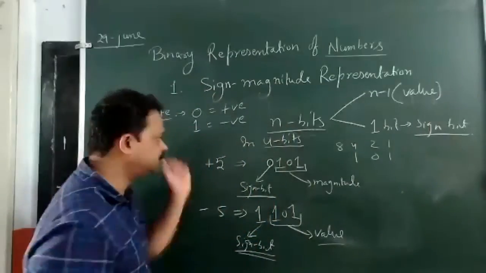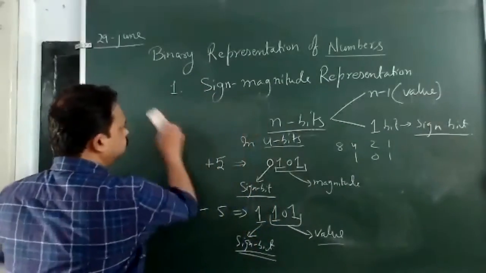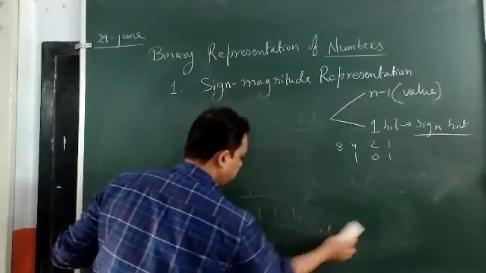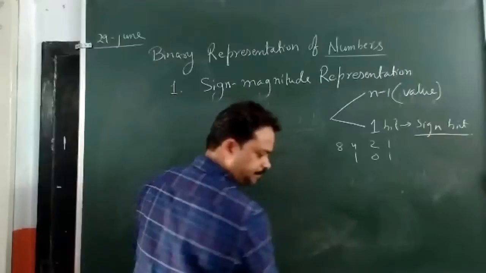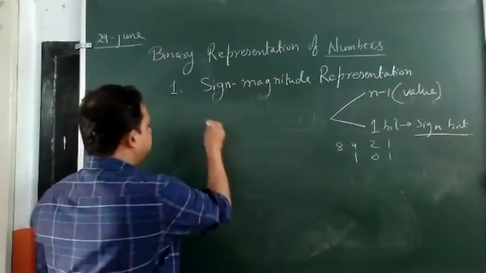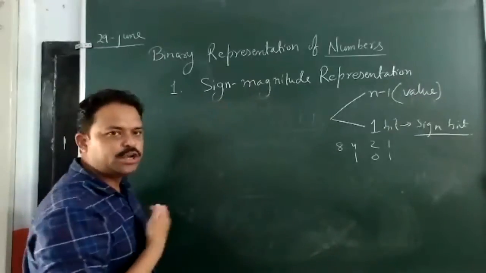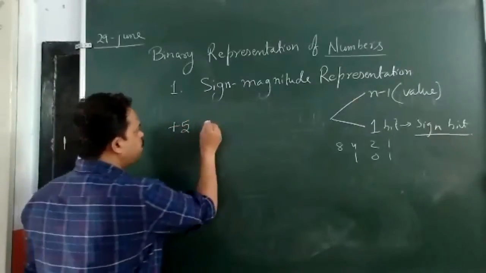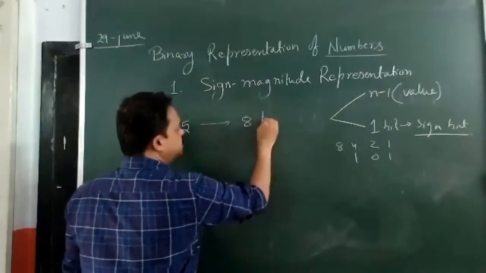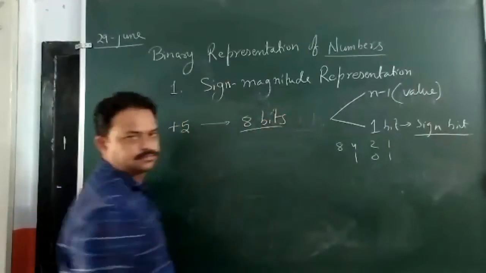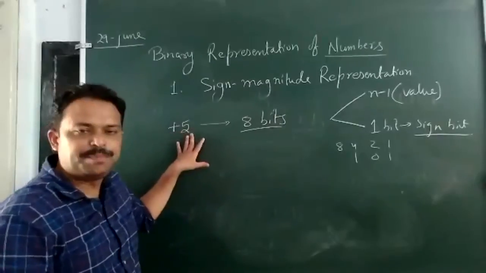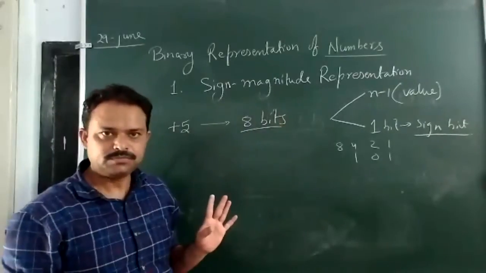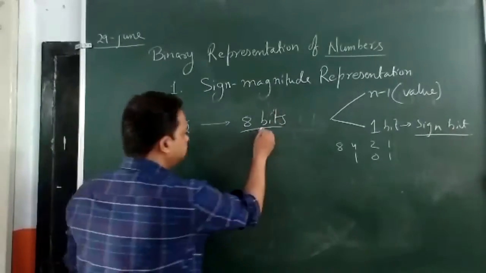For example, somebody has told me, sir, represent plus 5 in 8 bits. So what does it mean?